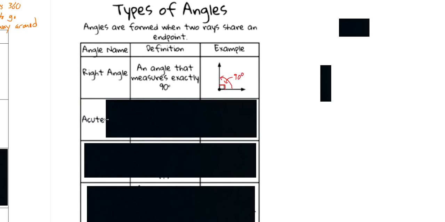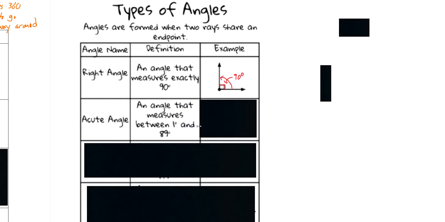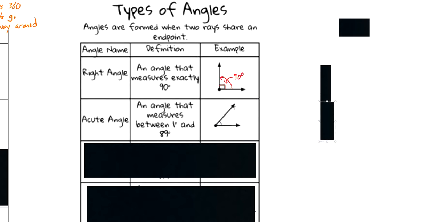Next type of special angle is an acute angle. So an acute angle isn't just one measurement, but it's all measurements that are in between 1 degree and 89 degrees. Another way to think about that is any angle less than 90 degrees is an acute angle. Here's an example of what an acute angle might look like, but remember there can be several different types of acute angles.